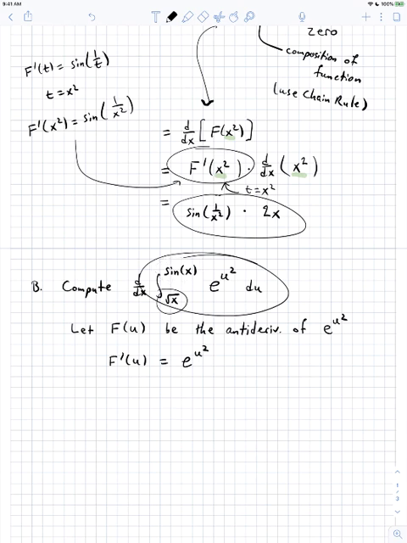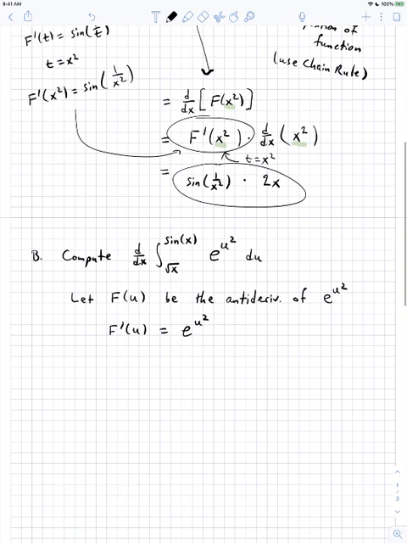We're integrating with respect to u. U is our variable of integration. So that means x is just some number. So the square root of x is a number, and sine of x is some number. So that means we can integrate from the square root of x to sine of x, e to the u squared du, by using the evaluation theorem.